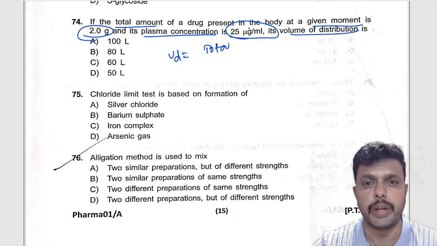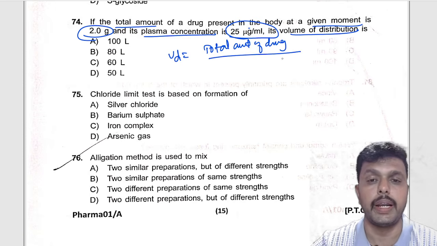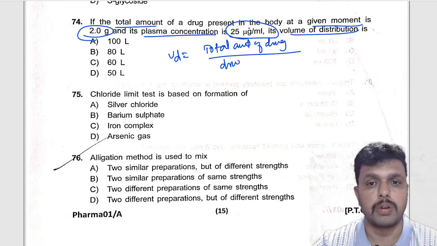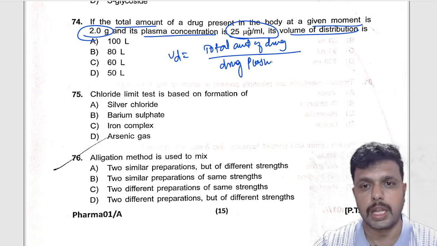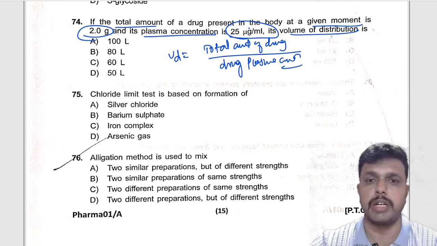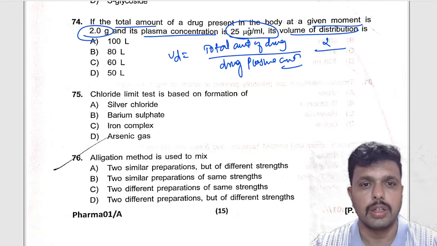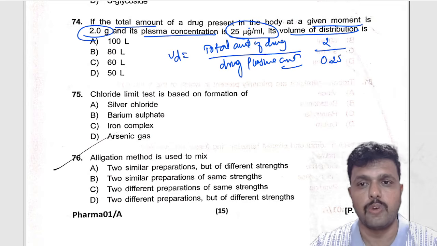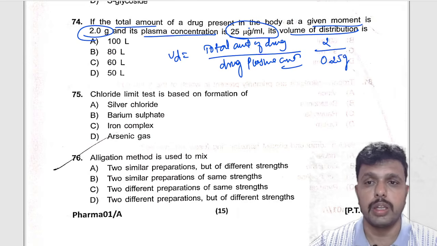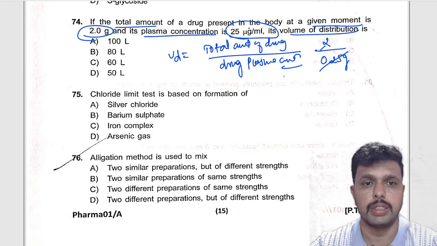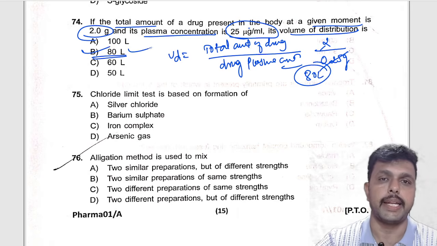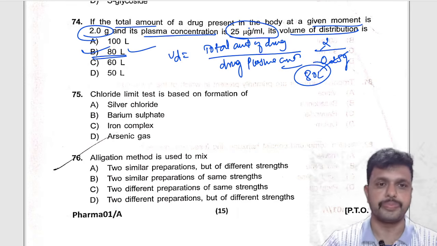Total amount of drug in the body divided by drug plasma concentration. Calculate: total is 2 gram, and this is 25 microgram. Total 80 liter. Option B is the correct answer.